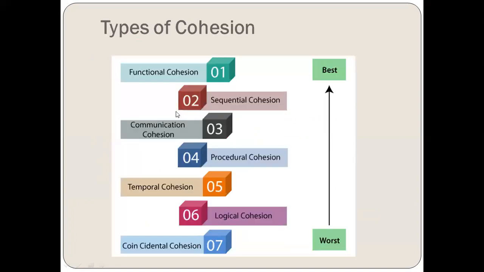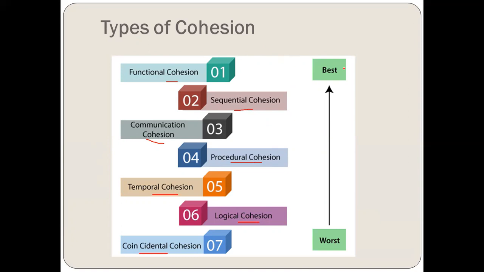Next, we can see the different types of cohesion: functional cohesion, sequential cohesion, communication cohesion, procedural cohesion, temporal, logical, and coincidental. The higher the cohesion, the better the quality of design.